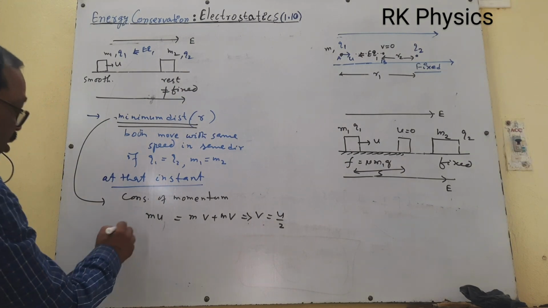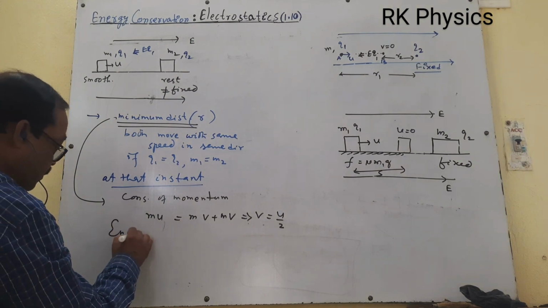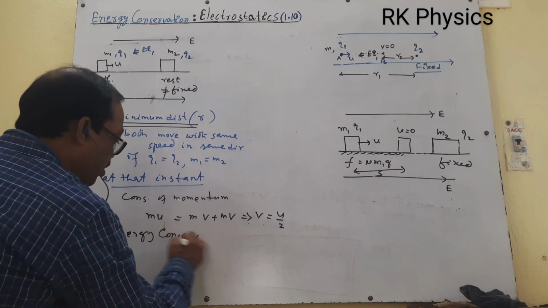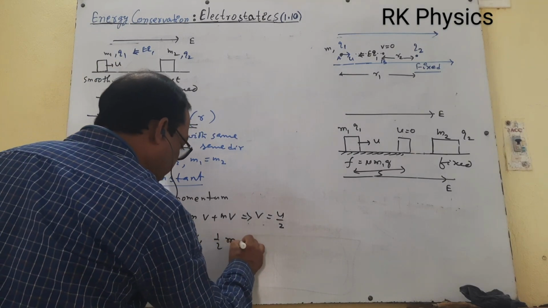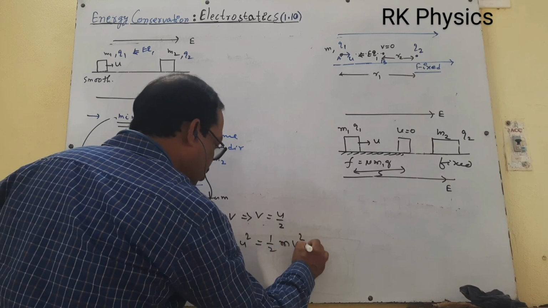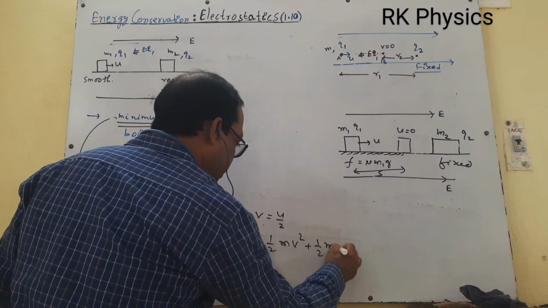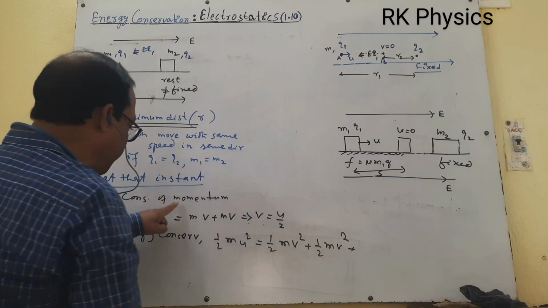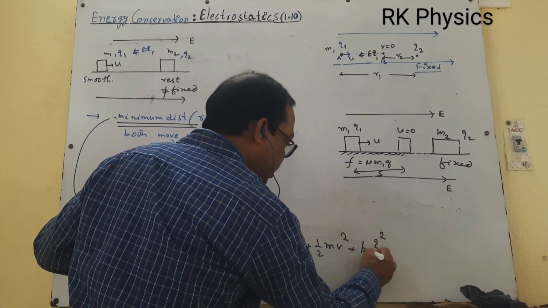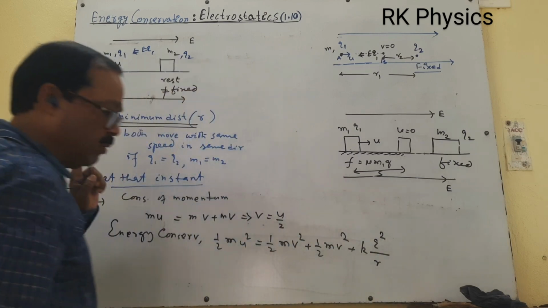Then you can use energy conservation. Half m u square equals half m v square plus half m v square plus, at minimum separation, the electrostatic potential energy, k q square divided by r.